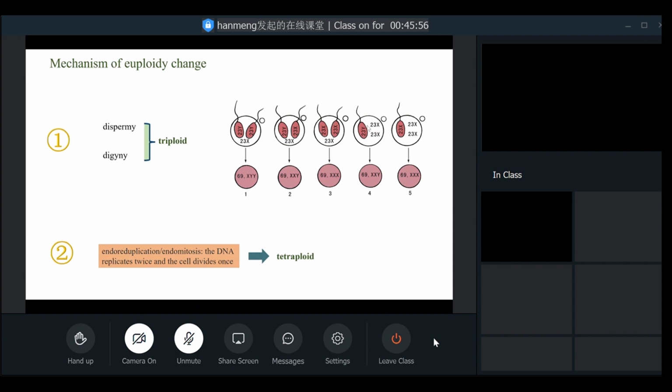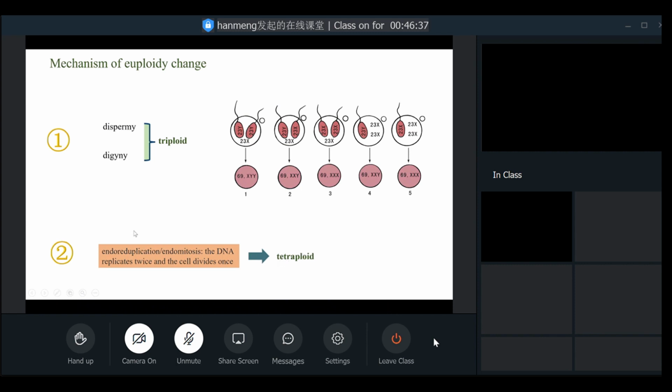Then the egg cell has 2 chromosome sets. So one sperm, maybe the Y or the X, enters the egg cell to form the fertilized egg. So it may be XXY or XXX. All this will cause the chromosome number in human beings to be 69, also named the triploid.